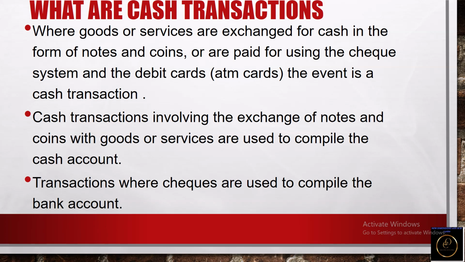Okay, a cash account is a form of a ledger, and a cash book performs a dual function. One, as a book of original entry. Secondly, as a ledger, a book of original entry as well as a ledger.